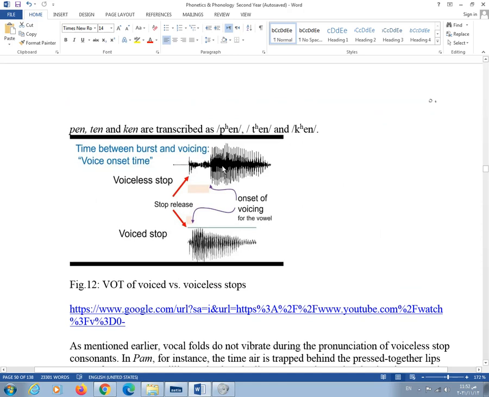Here we find that it is delayed, and this is why we have a long voice onset time. And here it's not delayed in bam, with a b, not p, bam. We find that the voice onset time is short because our vocal folds start voicing while pronouncing the b sound, because it's a voiced sound.